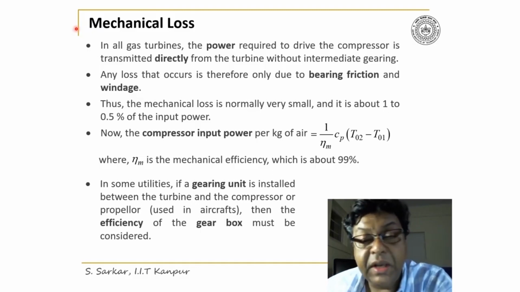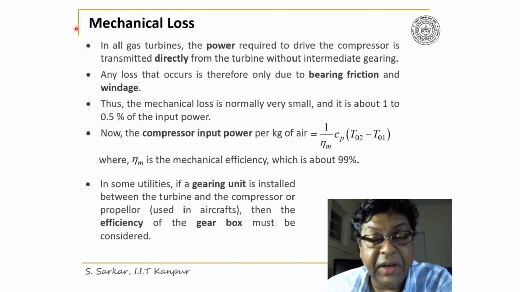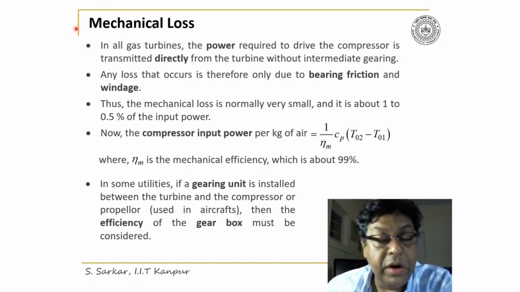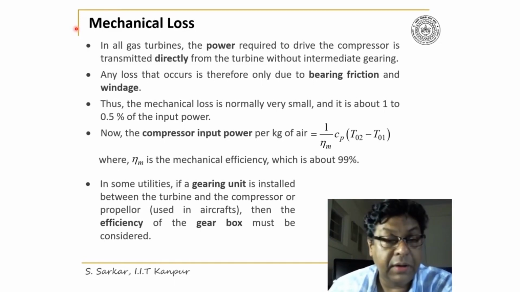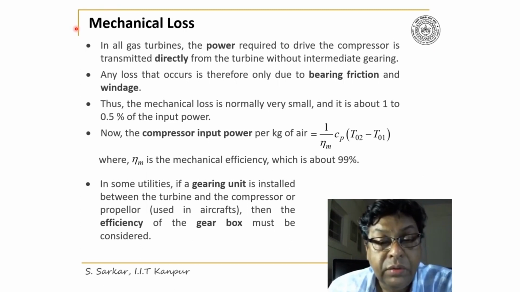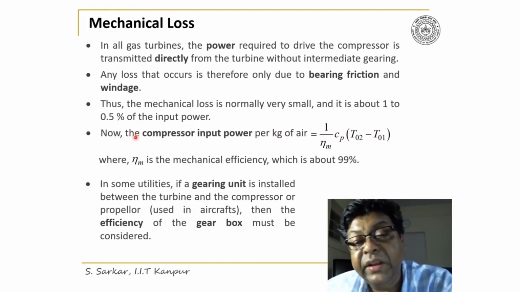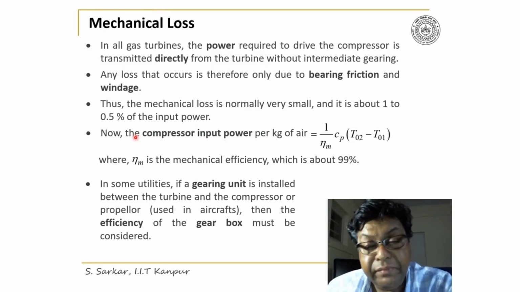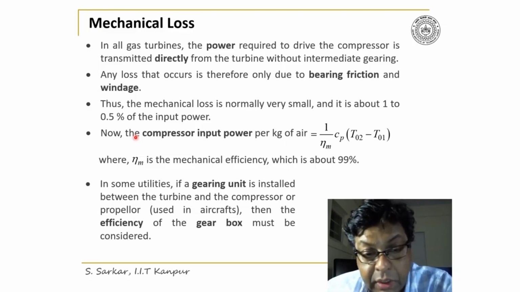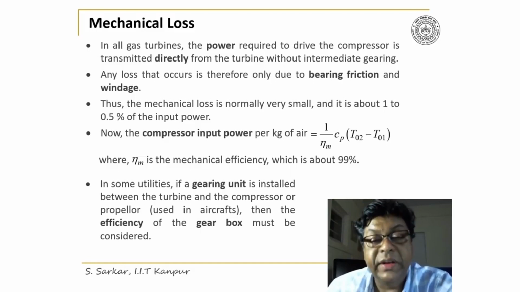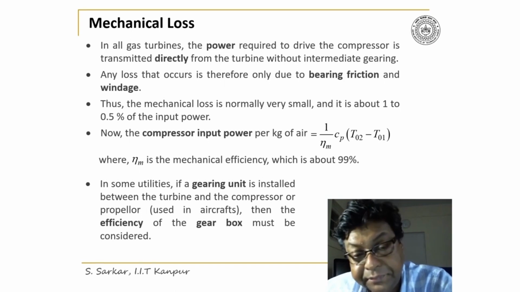Therefore, the mechanical loss is normally very small, about 0.5 to 1% of the input power. Now, the compressor unit input power per kg of air can be expressed as 1 divided by eta m, the mechanical efficiency, into Cp into (T02 minus T01), where eta m is considered as about 99%.